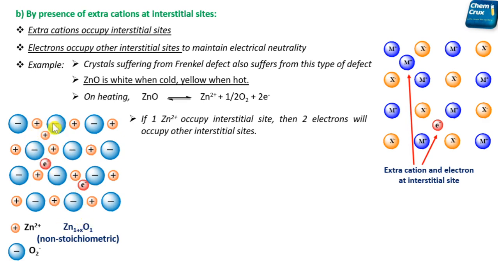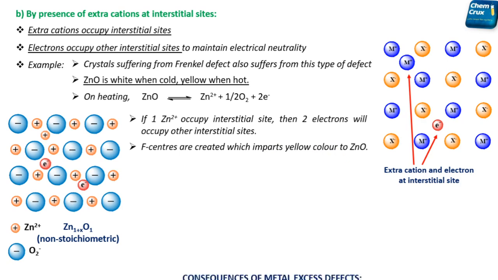That means metal ion is in excess, so we can say this is a metal excess defect. Also, the stoichiometry is not 1:1, so this type of defect is a non-stoichiometric defect. Correct. These electrons are actually F centers and they will be responsible for the color of the crystal. These F centers impart yellow color to ZnO on heating. Right.